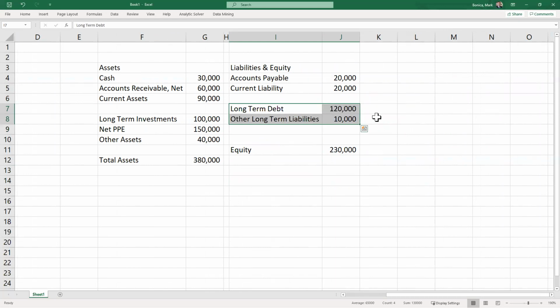In most problems you're going to do, other than this one, you're going to have multiple entries for accounts payable. And then you have other kinds of long-term liabilities. So you have long-term debt, that might be a mortgage or a bond issue, and then other long-term liabilities. So we're going to total up our total liabilities.